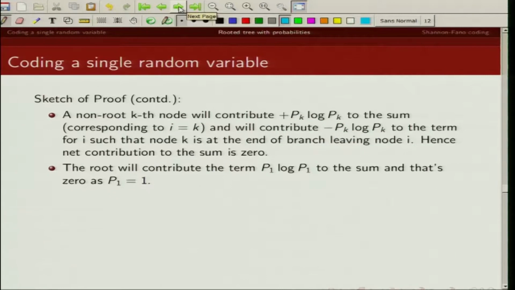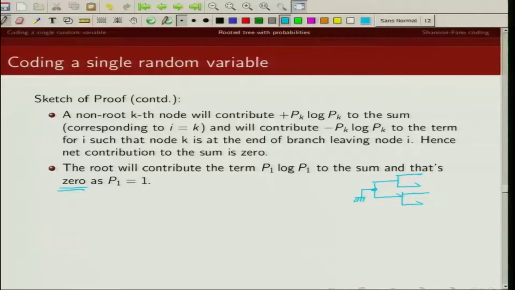What about the root? If you look at the root, what is the contribution of the root? Now this root will contribute Pi log Pi, where Pi is 1, so that contribution is also 0. So the contribution of a root node is also 0.